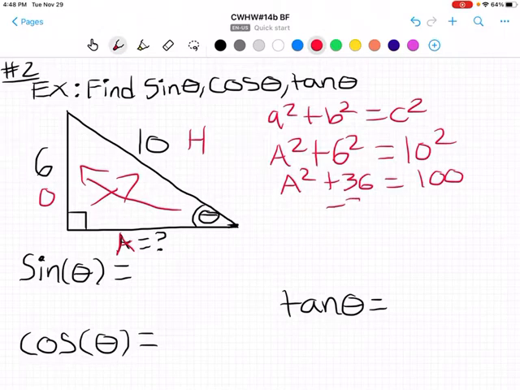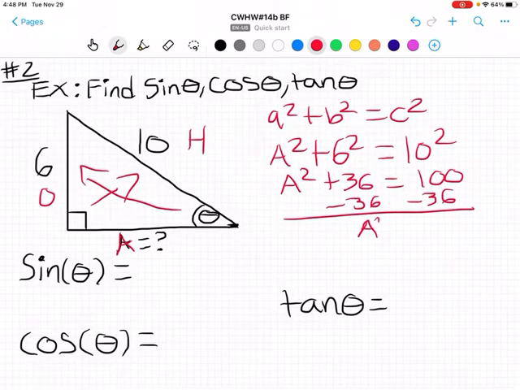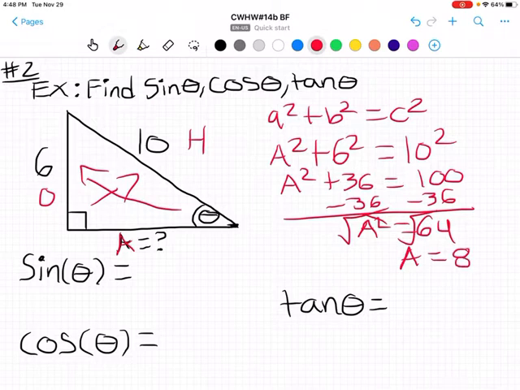Subtract 36 from both sides. We're left with a squared equals 64. To get rid of the square, we take the square root of both sides. And lastly, we got a equals 8. So this is 8 right here.